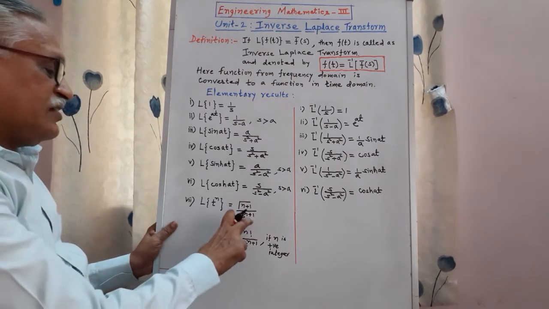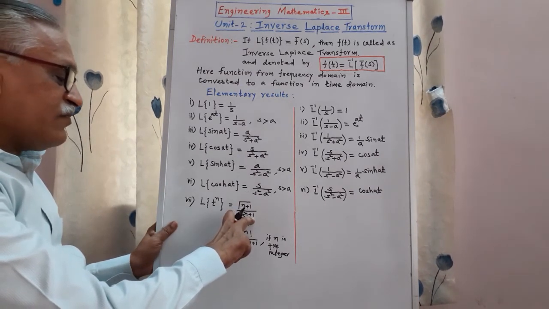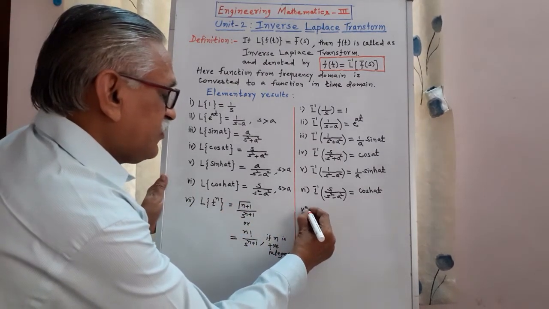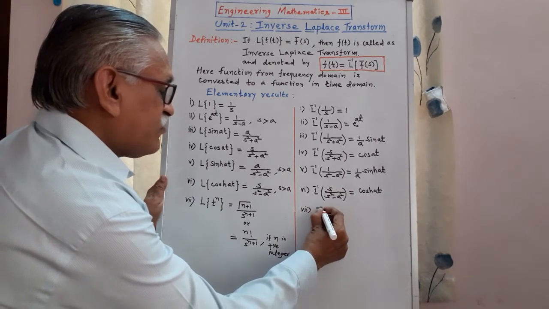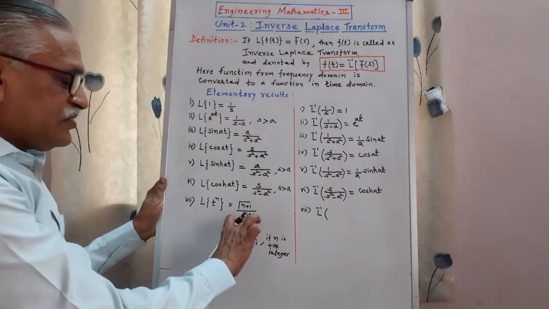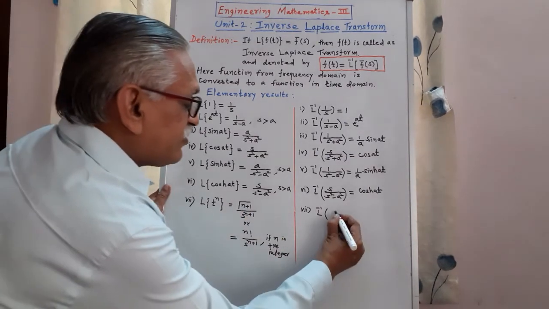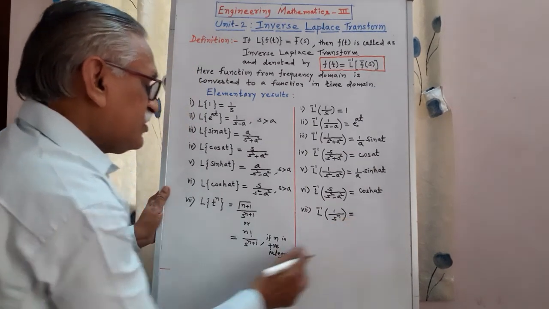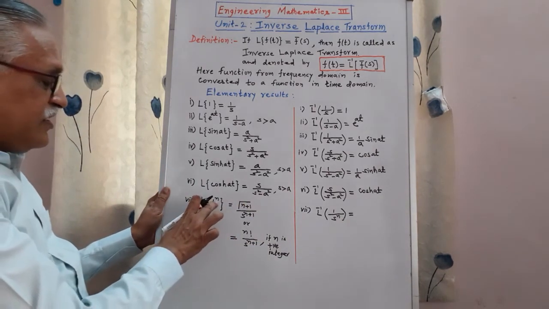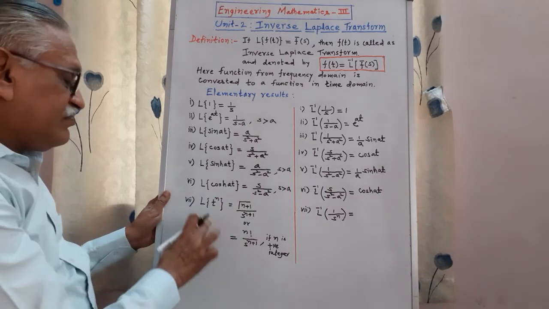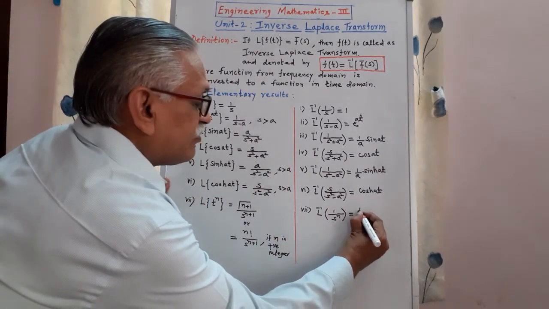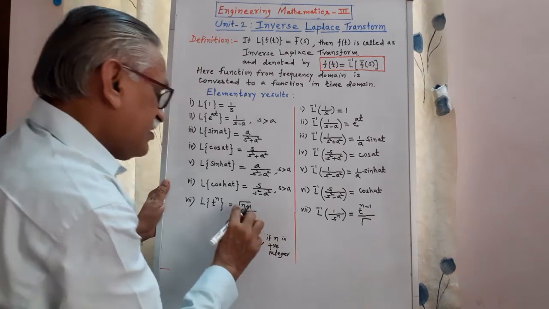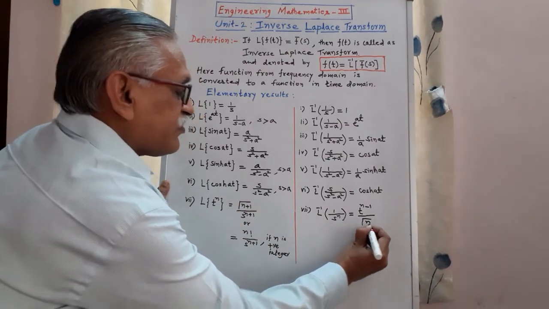Therefore, while finding the inverse, we subtract 1 from all these terms, and therefore we get the seventh result, inverse Laplace of, I am subtracting 1 from this, therefore n plus 1 minus 1, we get 1 by s raised to n, and that is equal to, transferring to the left, t raised to n minus 1 divided by gamma of n plus 1 minus 1, which means only gamma n.